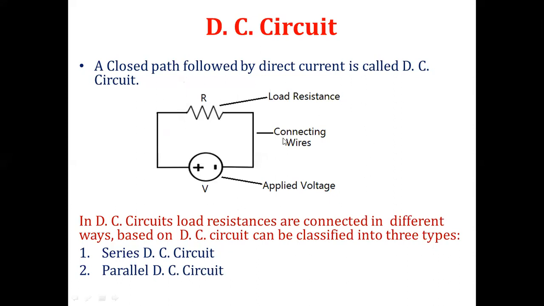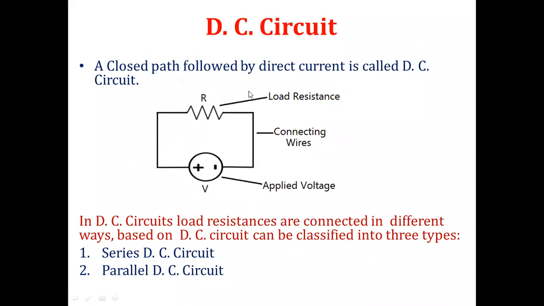So we know the definition of DC circuit. It is a closed conducting path followed by direct current, called a DC circuit. So this is the DC circuit. We already know that one. In this DC circuit, the applied voltage is there, connecting wires are there, and resistance is there.